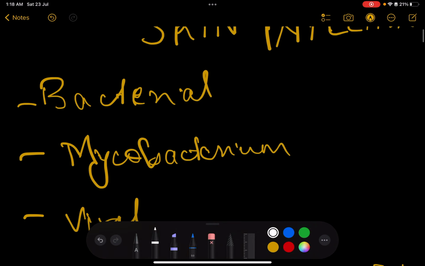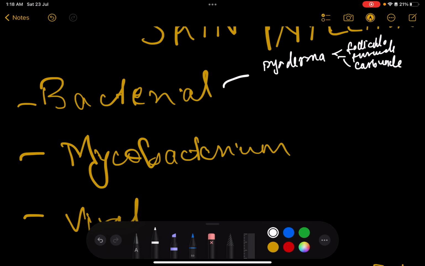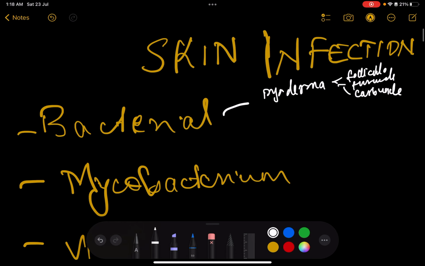I'll just name a few disorders before we leave. Skin infection: when it comes to bacterial, obviously you want to keep in mind pyoderma. Let's have a recap. Pyoderma: you could have a folliculitis, if it is follicular pyoderma. You could have a furuncle. You could have a carbuncle. All right. Then you could have an SSSS.